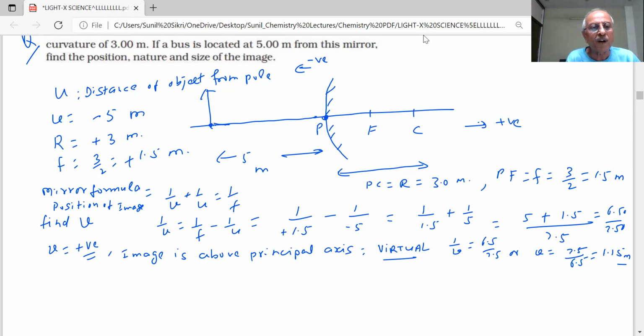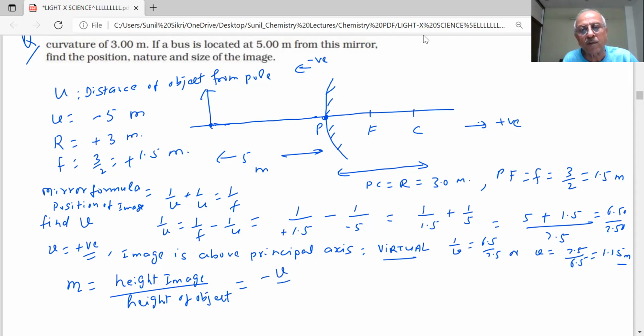And now what is the formula for the magnification, student? Magnification, M, is height of the image divided by height of the object, which is also equal to minus V by U. What is the value of V?